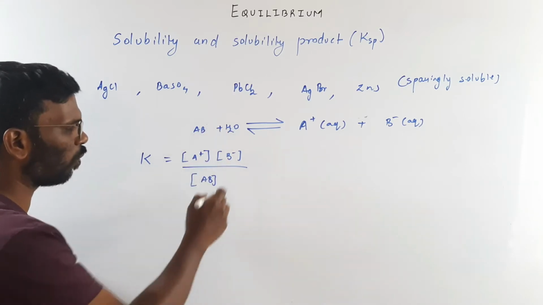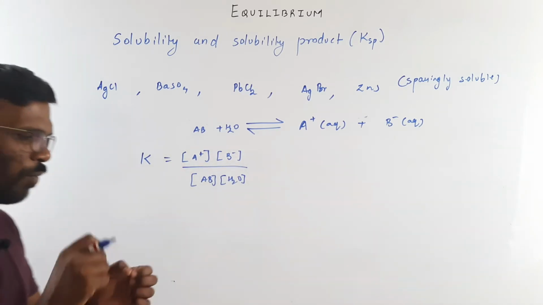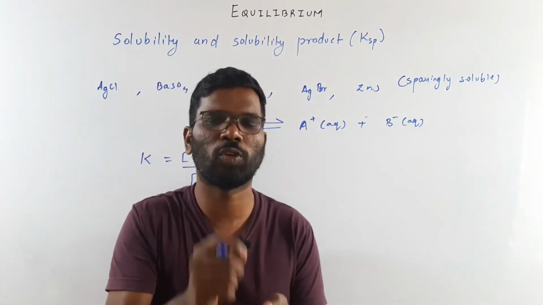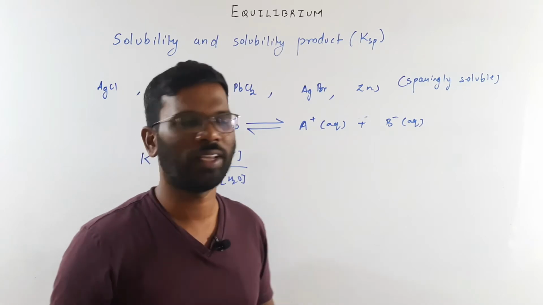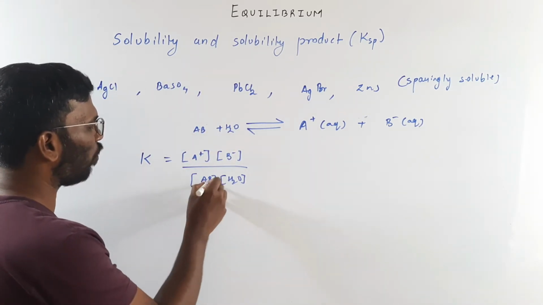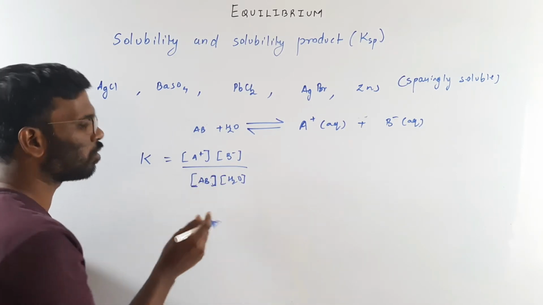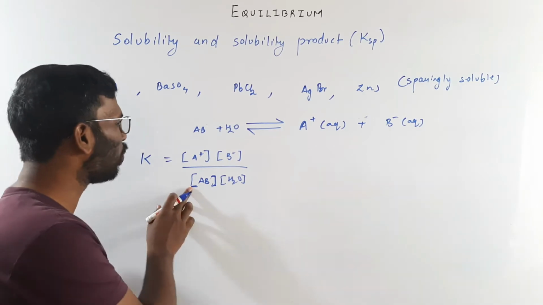The concentration of water is going to remain constant, because a very little amount of that sparingly soluble salt is going to go into the liquid. And AB is a solid salt and hardly anything is going into the solution.